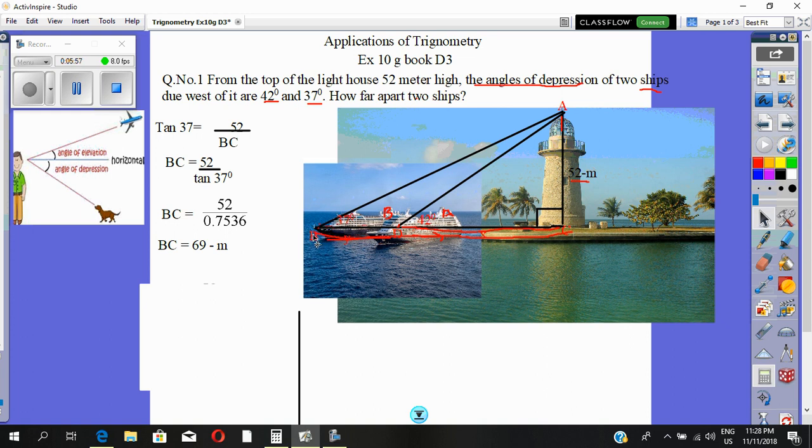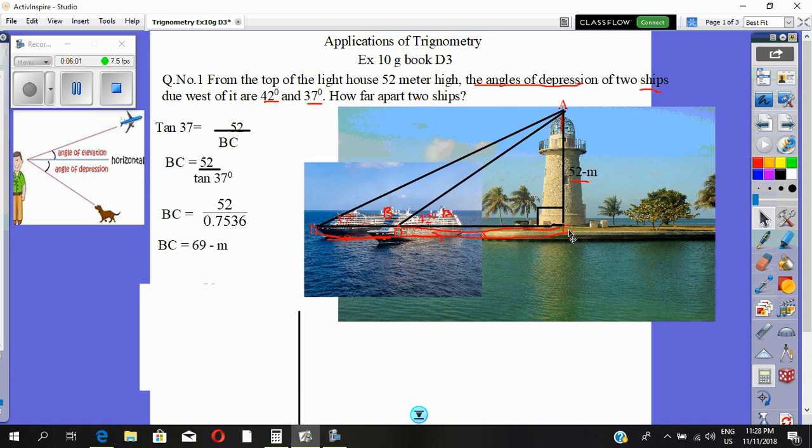This one is point B, and this is point C.